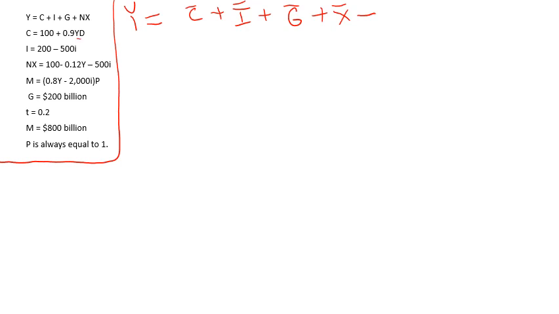So here we are, negative 500i pertaining to the physical investment equation, and negative 500i pertaining to the net export equation.